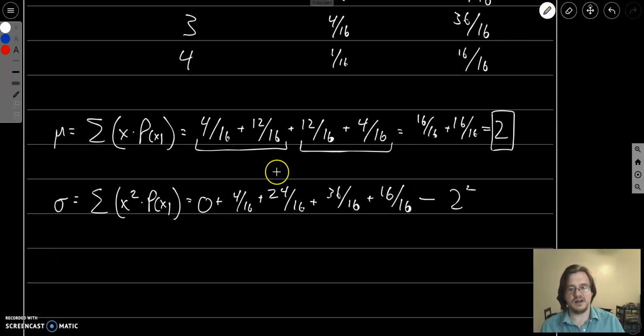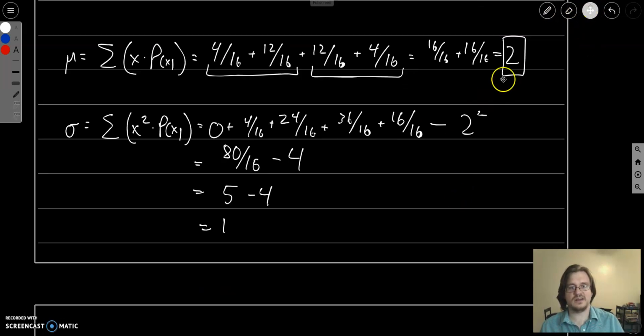The nice thing is that all of these guys add up to exactly 80 over 16, and 2 squared is 4. 80 divided by 16 is 5, so this whole thing is 1. So the standard deviation is the square root of 1, which is 1.